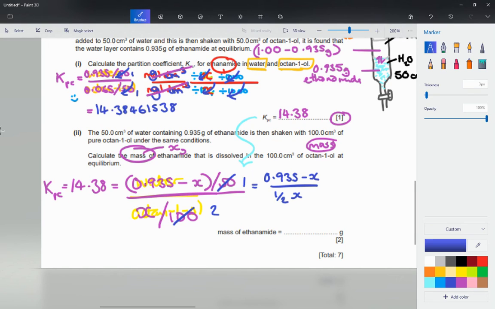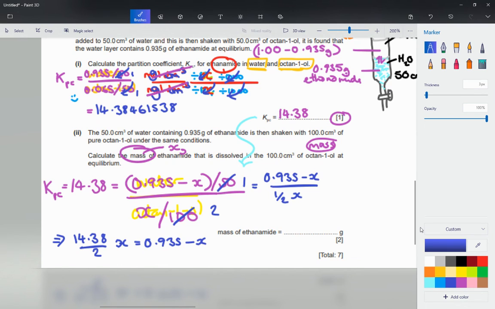If you multiply both sides by your half x, 14.38 over 2, which is your half, x equals 0.935 minus x.